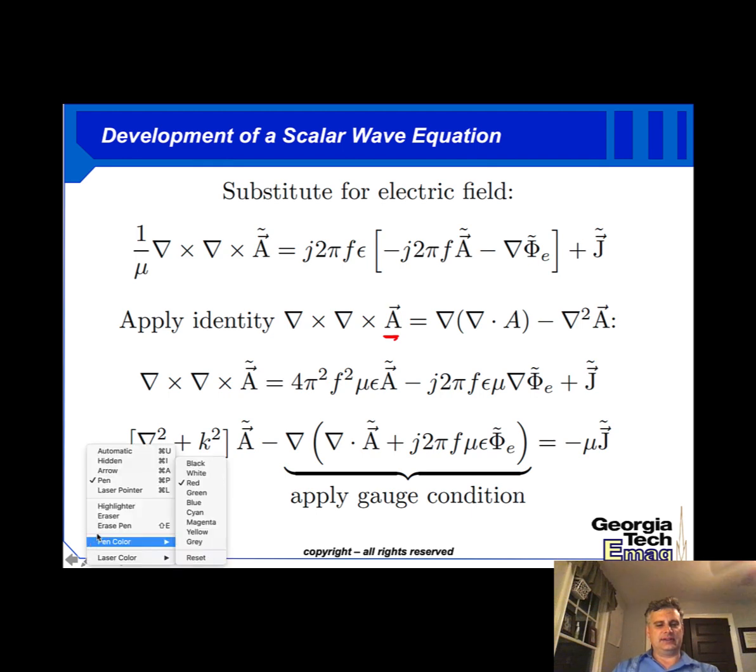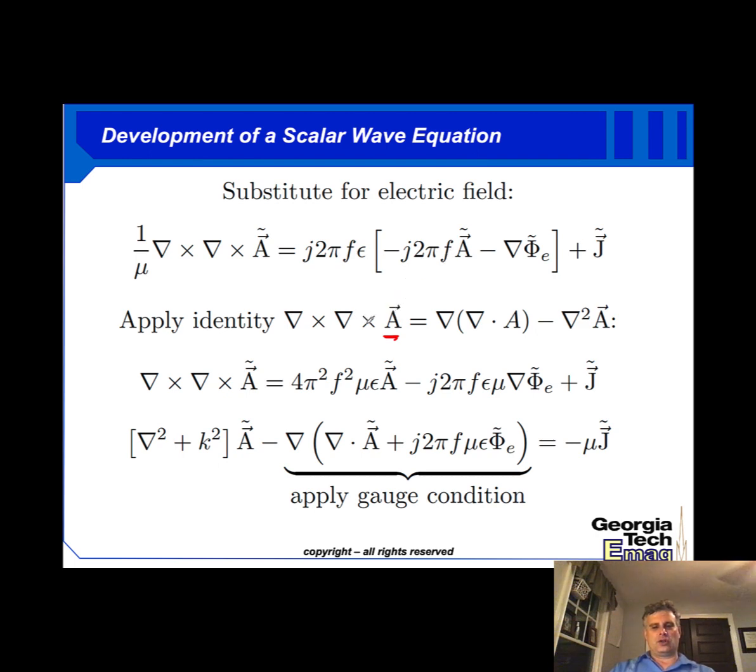Now, switch to green. It'll be fun. What do we have when we do this? We basically take the curl, the double curl of A, and stick this relationship into here.